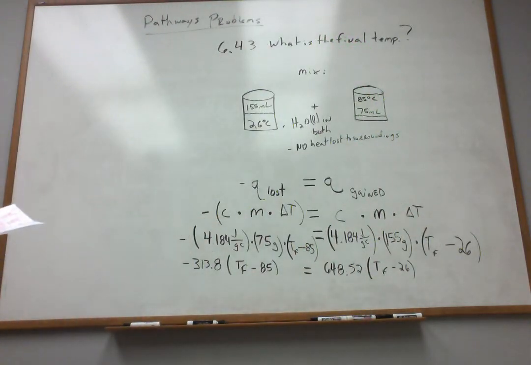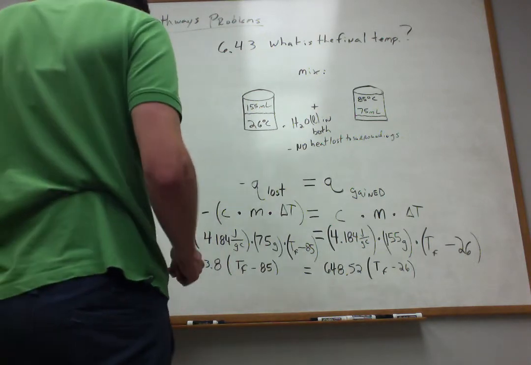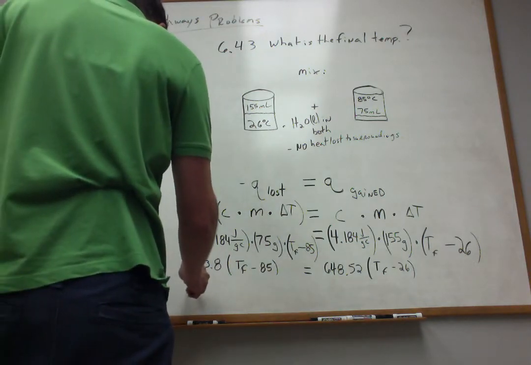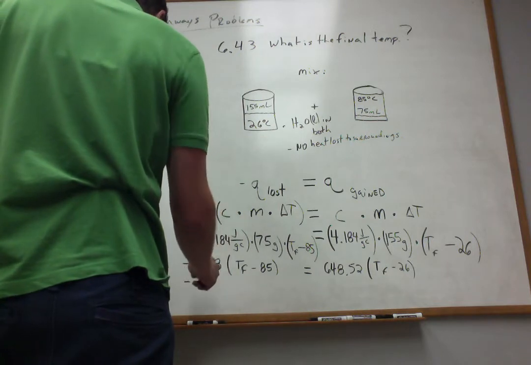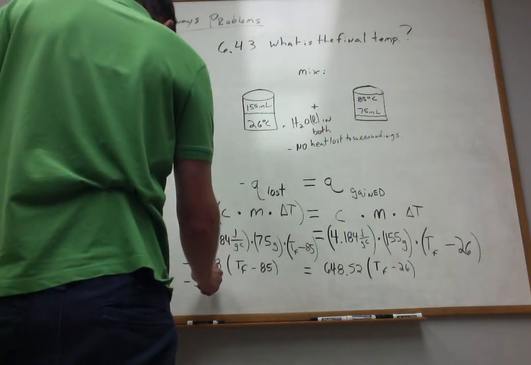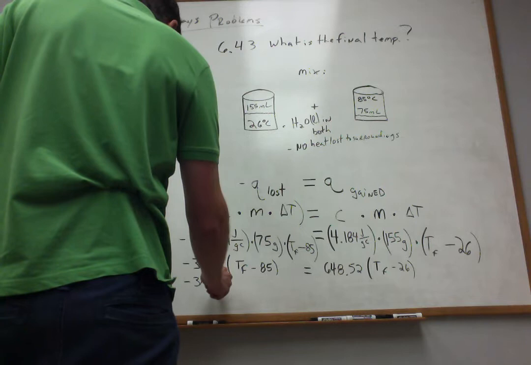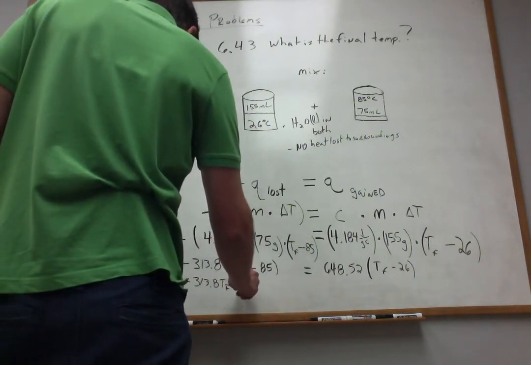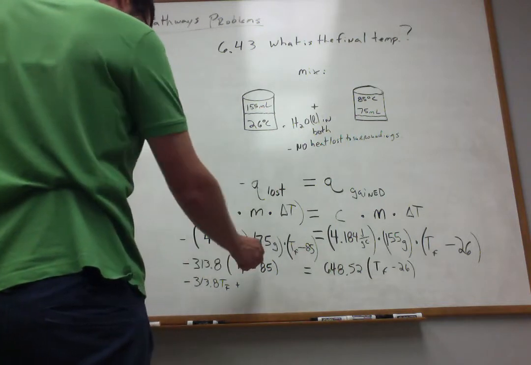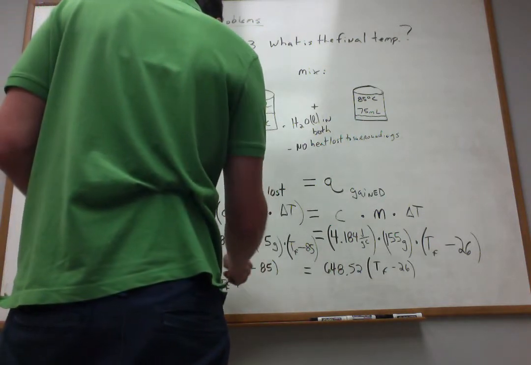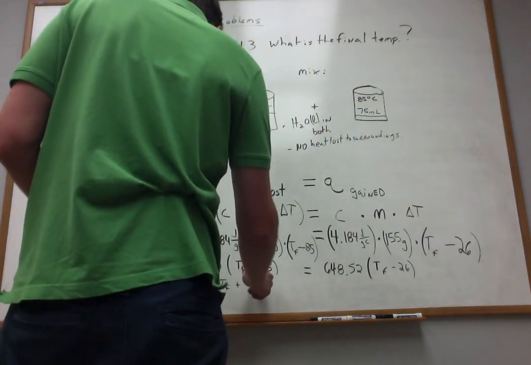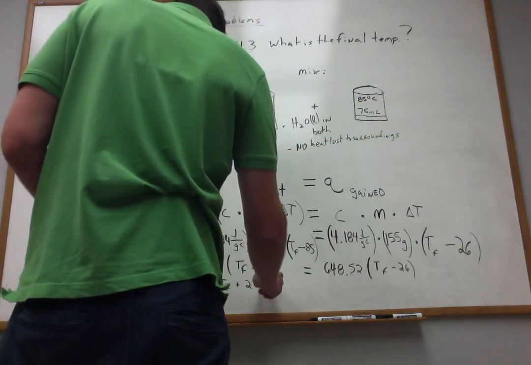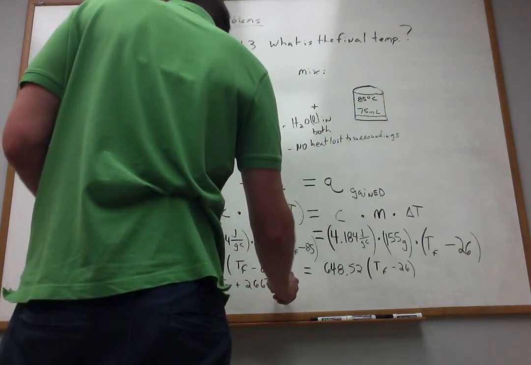All right, so I made a little bit of progress there, but I still got this term in parentheses that I'd like to clean up. So now I'm going to distribute the numbers outside the parentheses to make negative 313.8 T sub F plus 313.8 times 85, both being negative, so that turns into a positive 26,673.